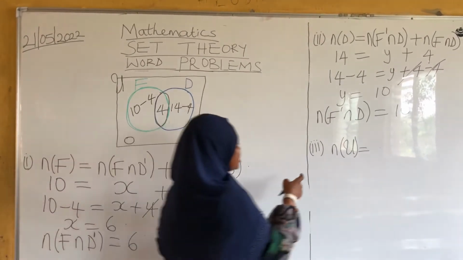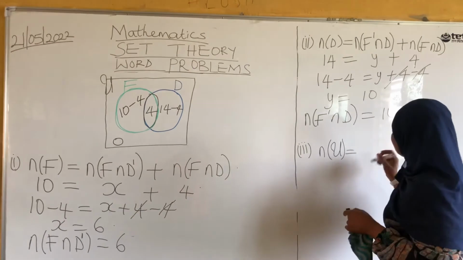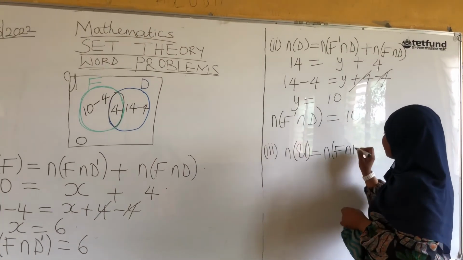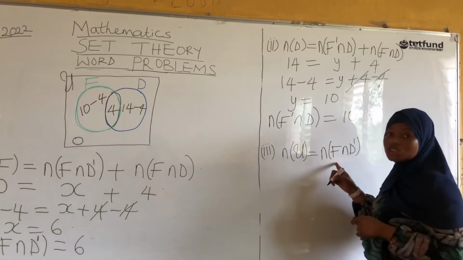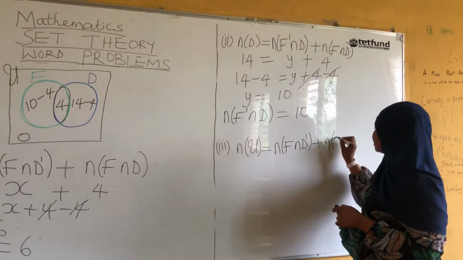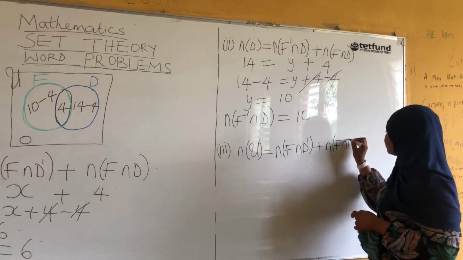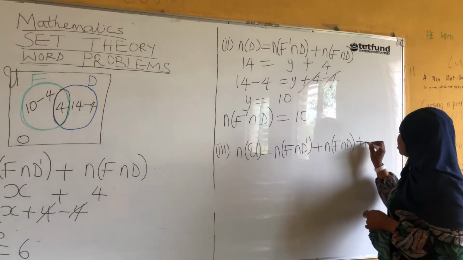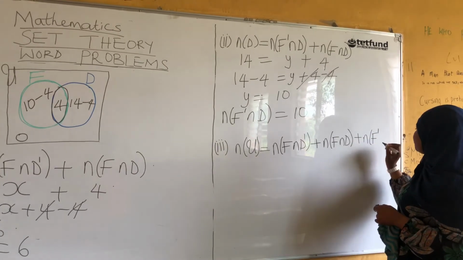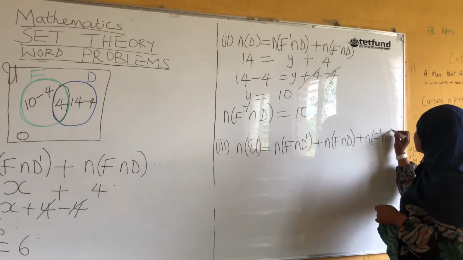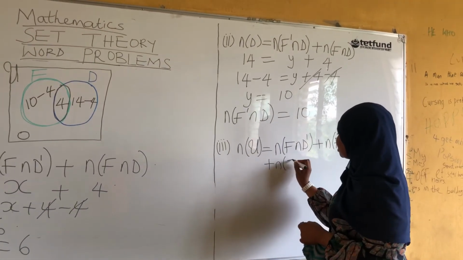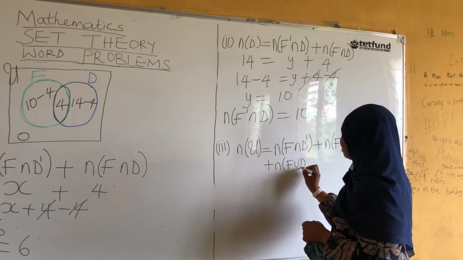So the cardinality of universal set will be equal to cardinality of F intersect D prime, that is those that dance to Fuji only, plus those that dance to both music, plus those that dance to disco only, not Fuji but only disco, plus those that do not dance to any of the two music.